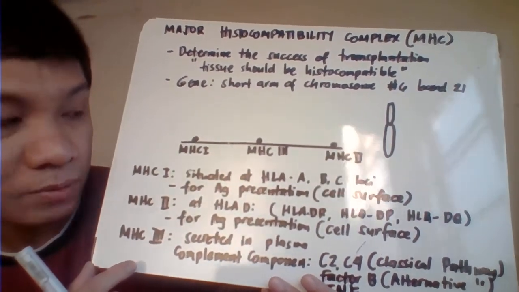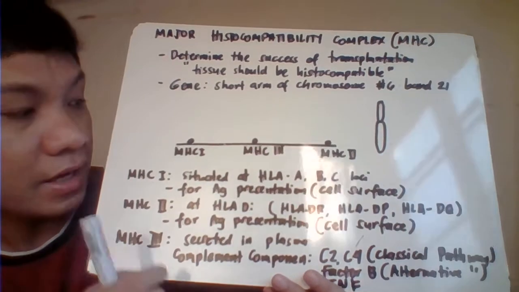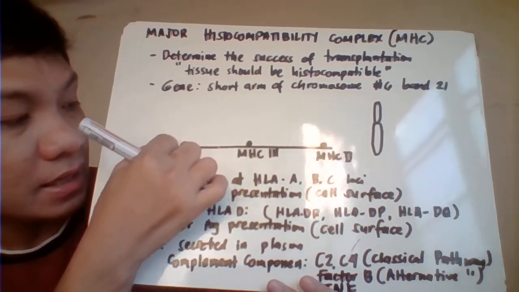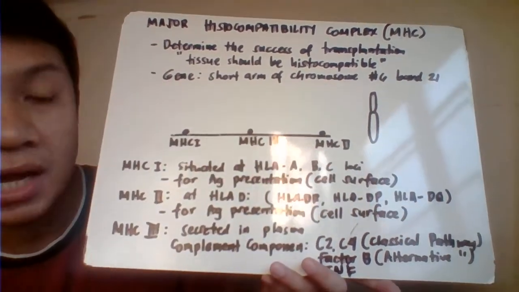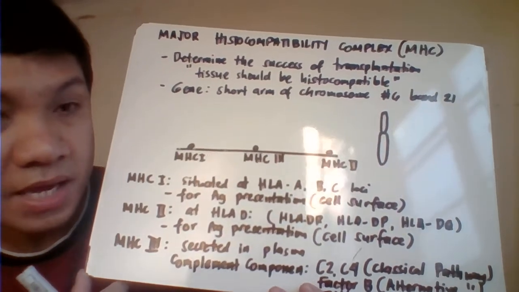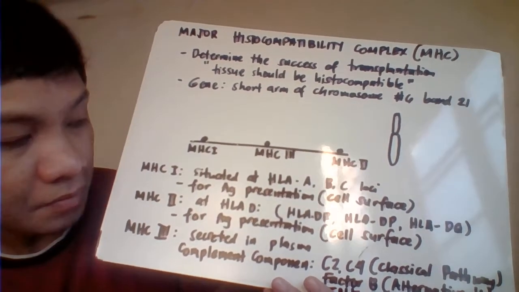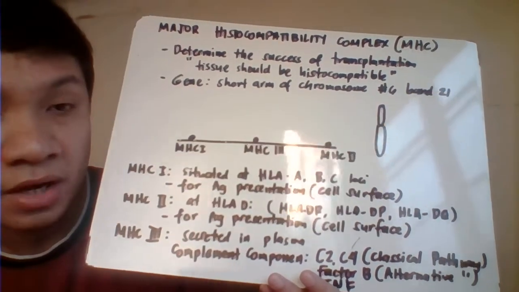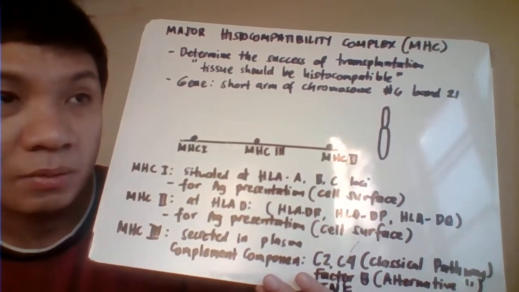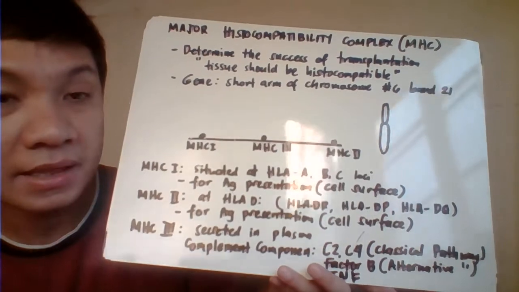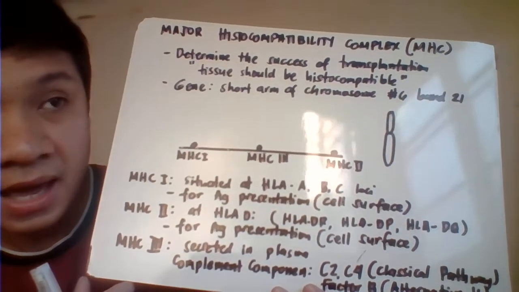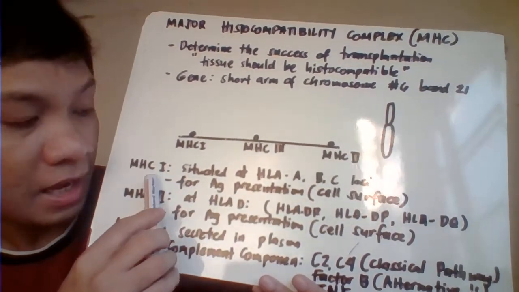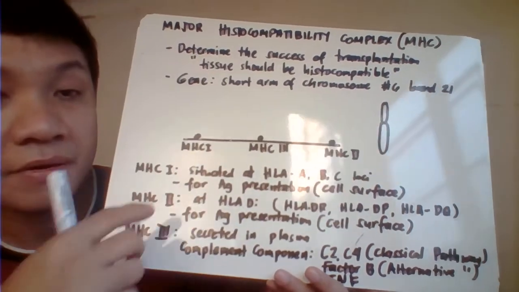The MHC class 1, okay, is found here. So your MHC class 1, there are three regions for that, divided here into your HLA-A, HLA-B, HLA-C. Okay, this is used here primarily for the antigen presentation. Okay, so we'll be discussing that one later on kung saan niya ipipresent ang ating antigen. Okay, and this one, MHC class 1, is usually found on the surface.